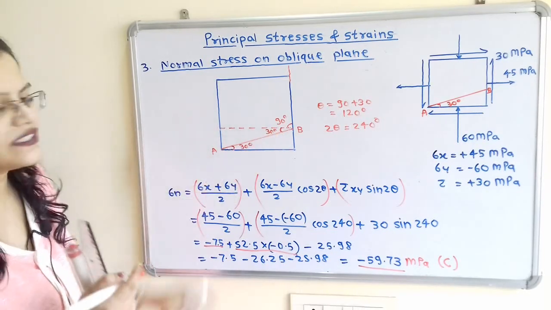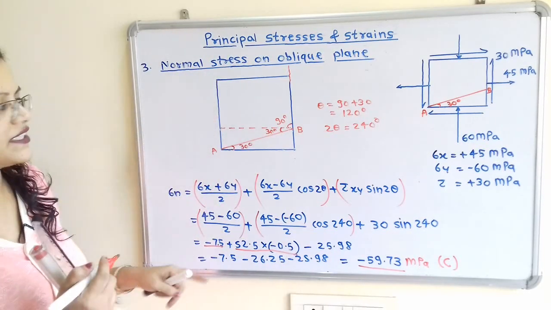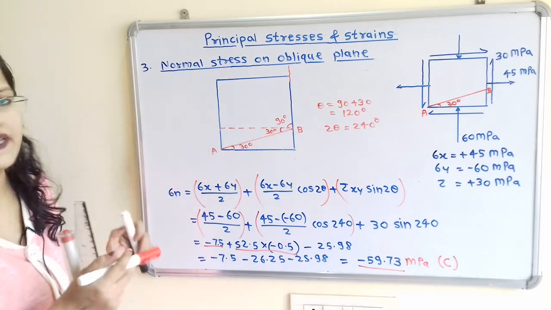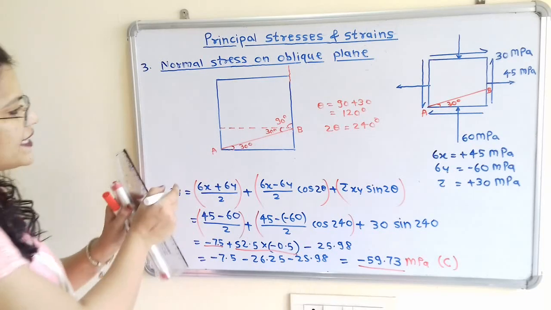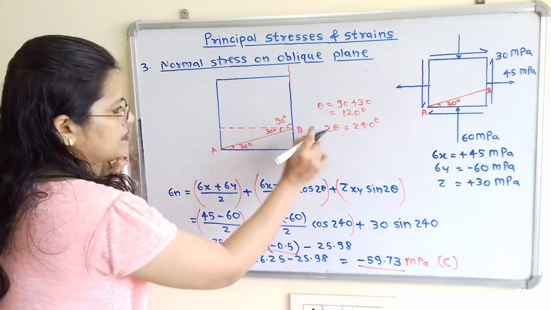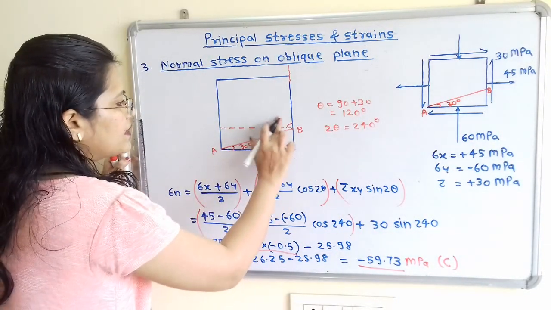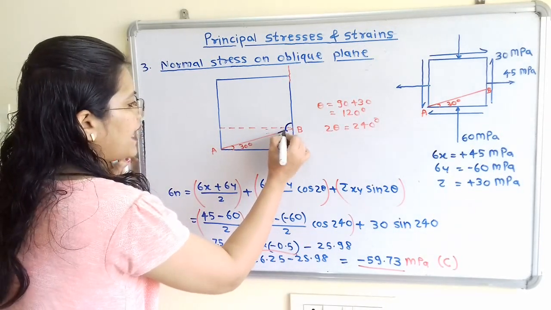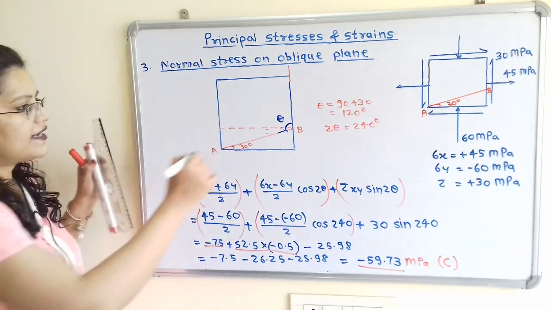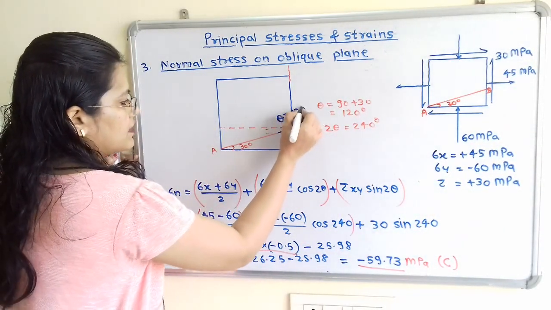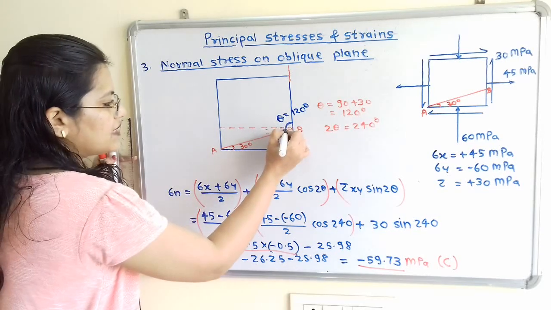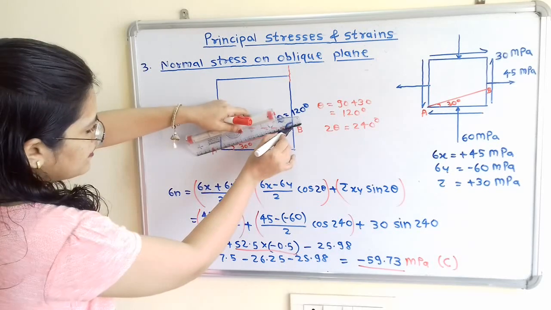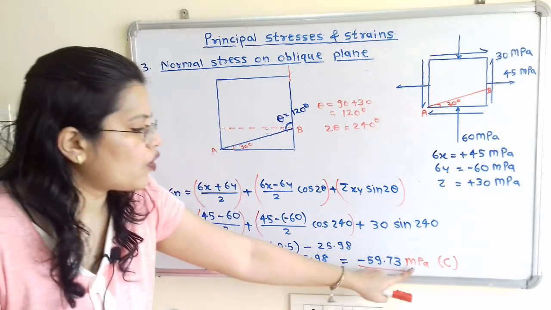So how to show this stress? It is a normal stress. That means we have to show a perpendicular line to this oblique plane. We have the angle theta from this vertical face that we considered. So here is the angle theta, and that is equal to 120 degrees. At this angle is the oblique plane, and we have to show the compressive nature.